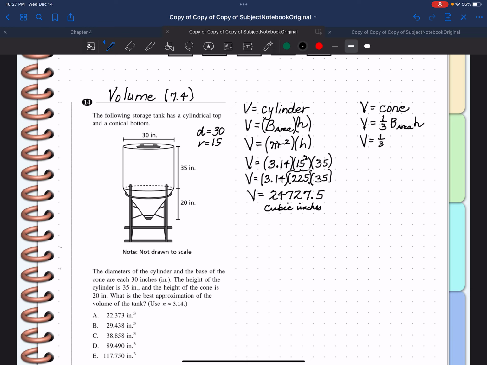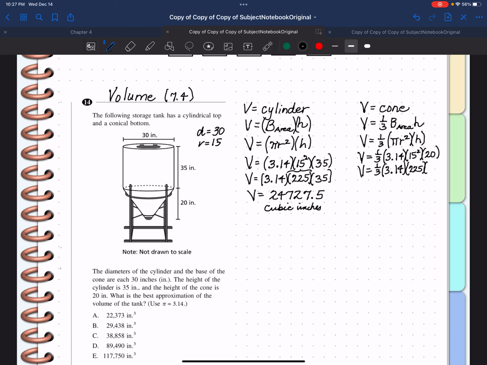So we would do the pi r squared, and then we would multiply by the height of the cone. So we have 1/3 times pi times radius squared, that's 15 squared, and then the height of the cone is just 20 inches. So again, 15 squared is going to be 225.